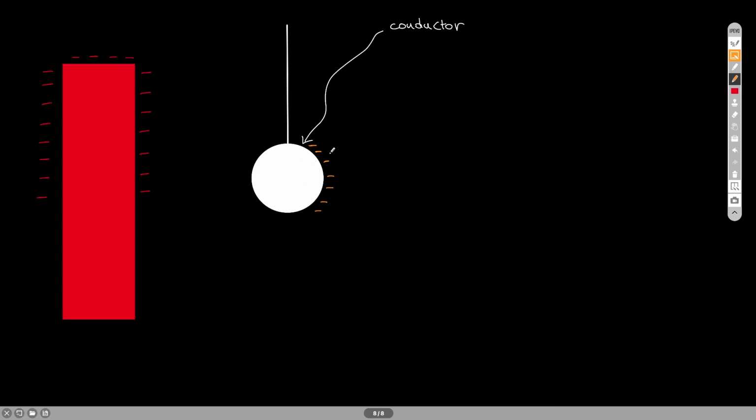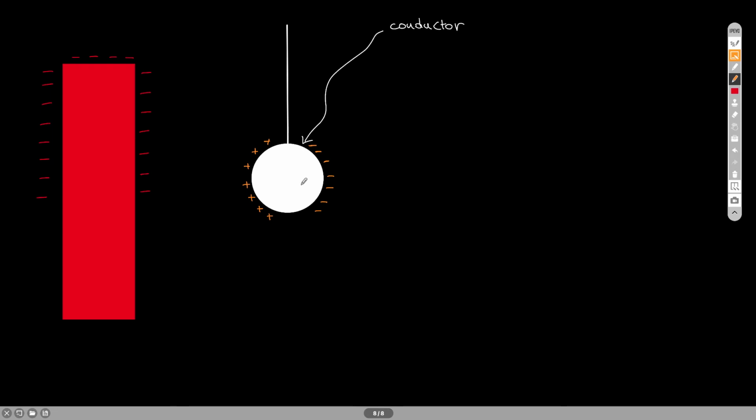Now, I've got 3, 7 minus signs on this side of my conductor. This is because they have left their corresponding positive charges on the other side of the conductor.